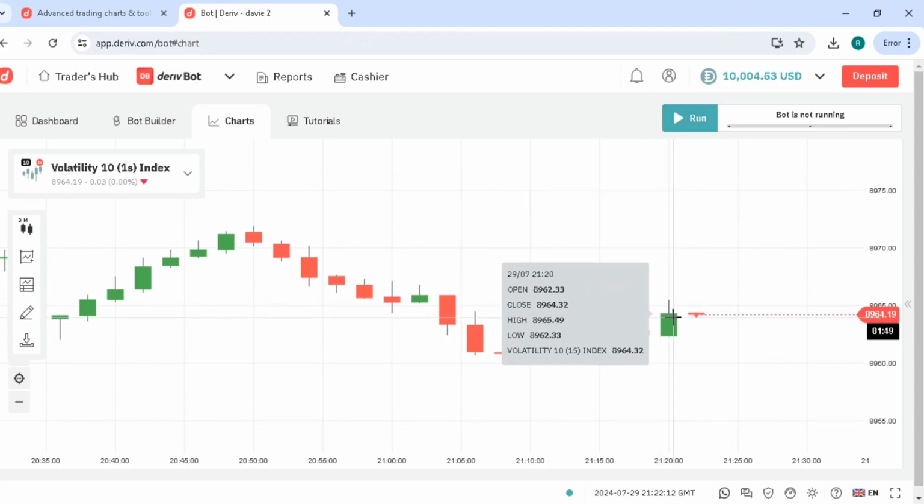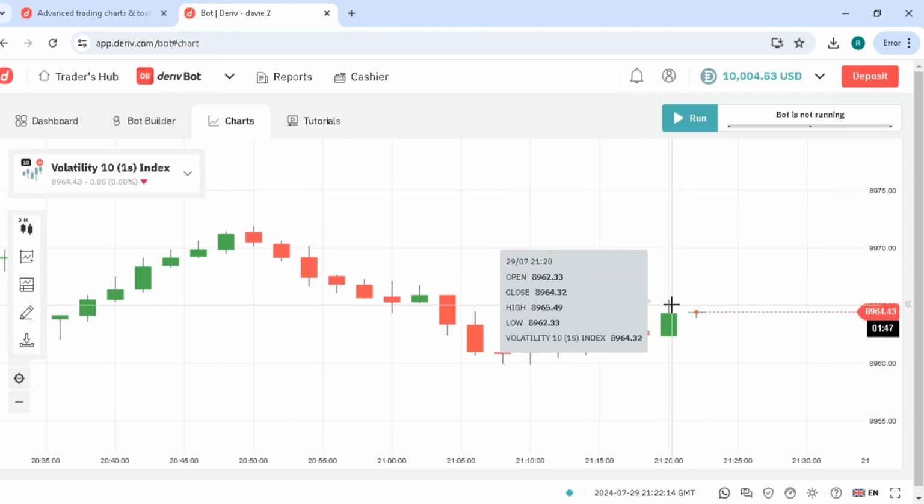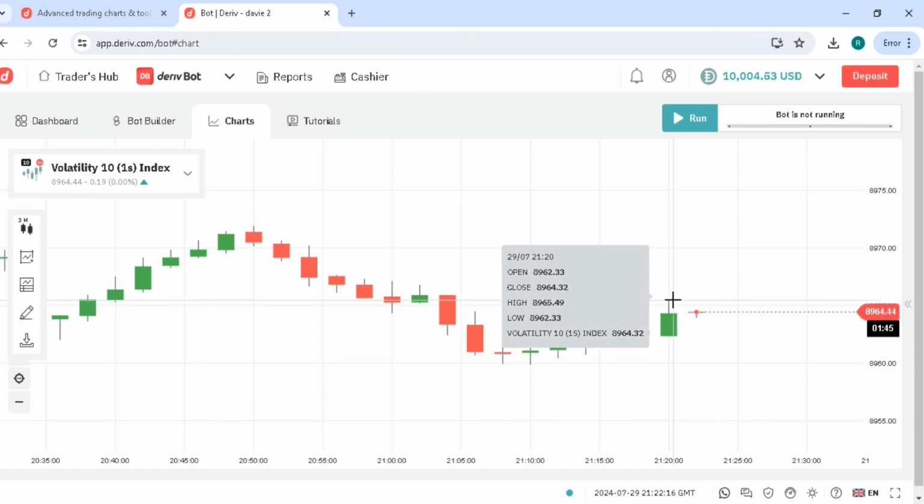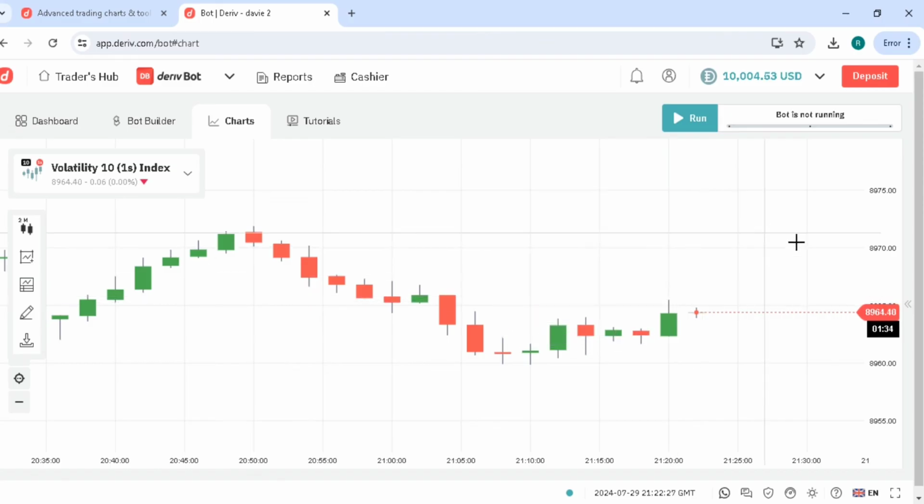So for this one, if it grew and covered this wick completely and then surpassed this region just by one step, just once, we would have run the bot for a rise market.